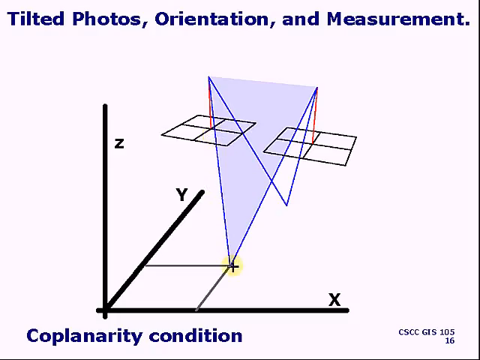So the coplanarity condition just describes the fact that that plane exists, and that if we can make a measurement in each of the photos and start establishing the orientation of the photo, using multiple points and seeing where those photos are in space, we can compute any ground point in X, Y, and Z, because now you see that plane is in three-dimensional space.